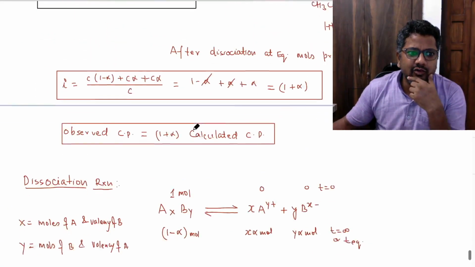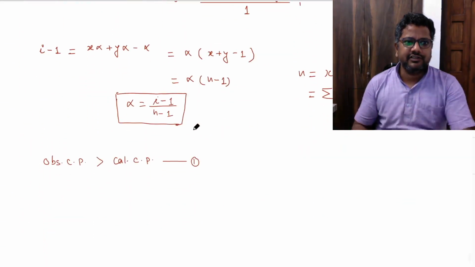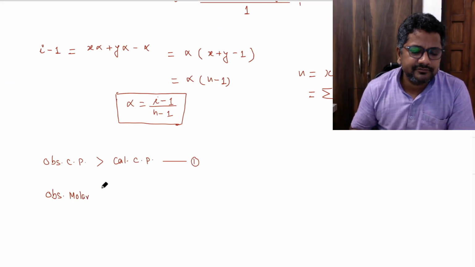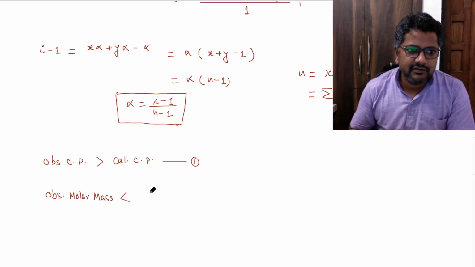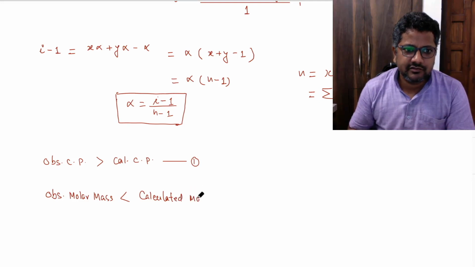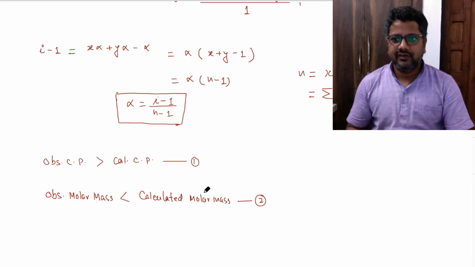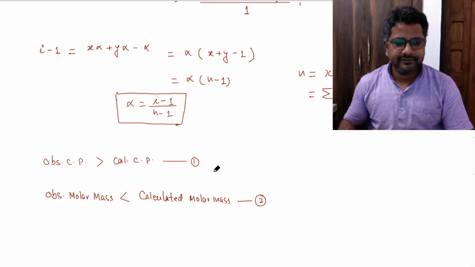So for a dissociation reaction, the observed molar mass is less than the calculated molar mass, right? These are two important generalizations we can make here.